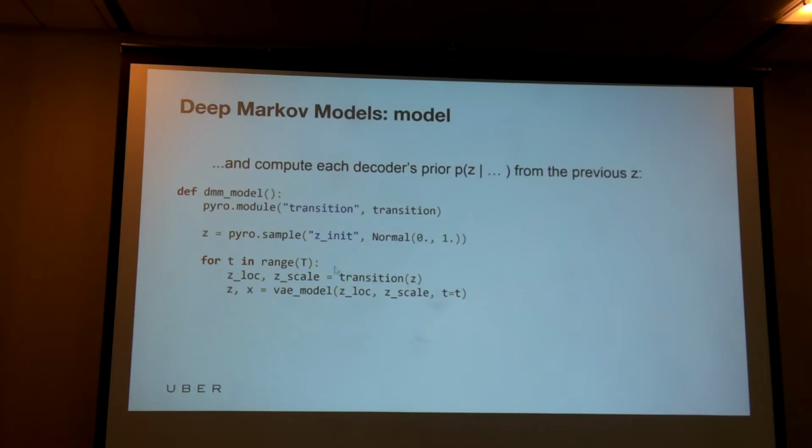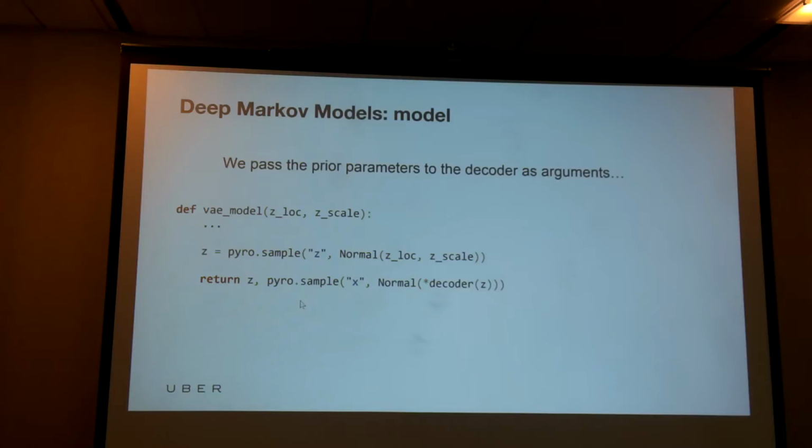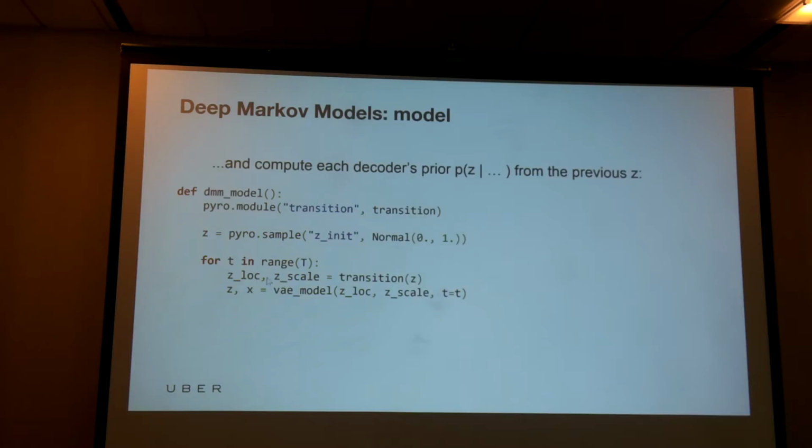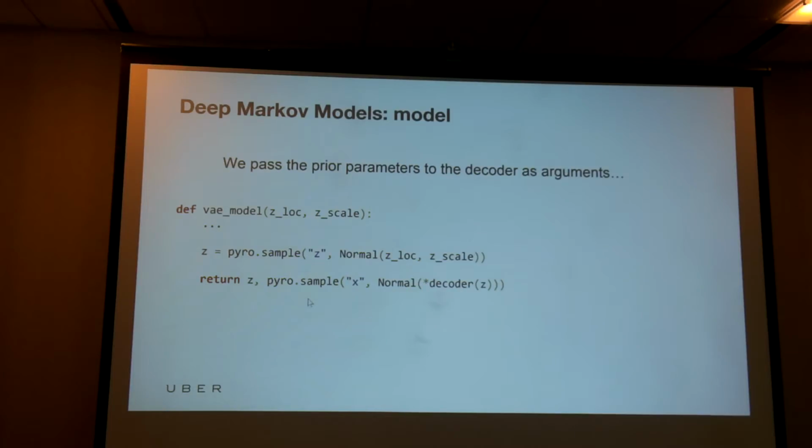And then we could just put this slightly modified decoder network into a for loop. So now we're going to sample an initial Z, which is independent, and then in this loop over a single sequence, we have this neural network transition, which takes in the previous value of Z, our latent code, and computes parameters for the next value. And those are fed into this VAE model that we modified from the standard one.